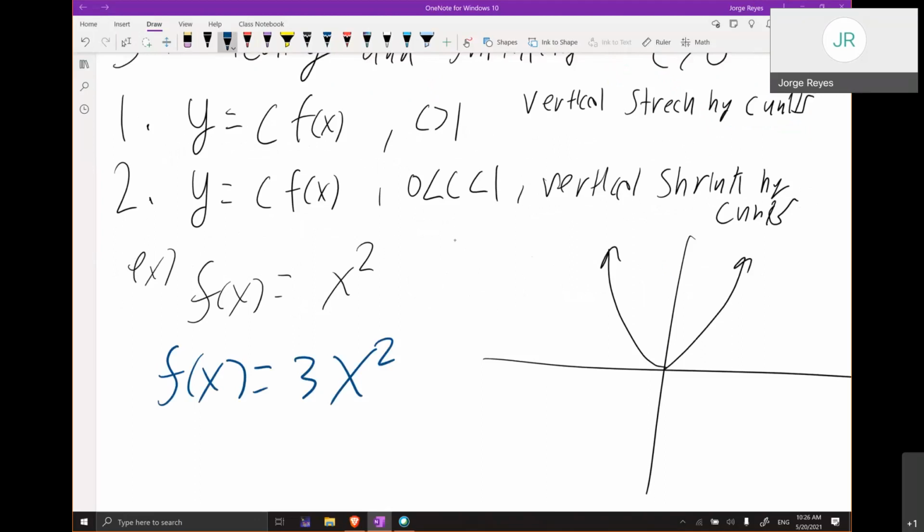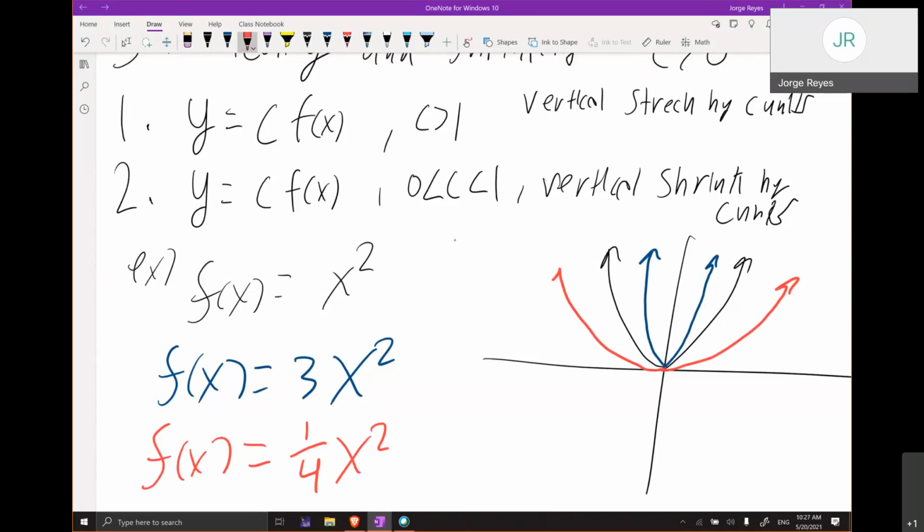That will do a vertical stretch, so it literally just makes it skinnier. And if I multiply by a fraction, like 1/4, that will just make it less skinny. So yeah, this is what that does.